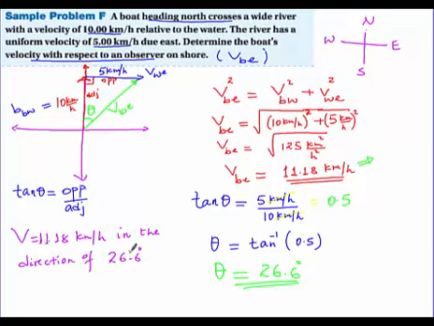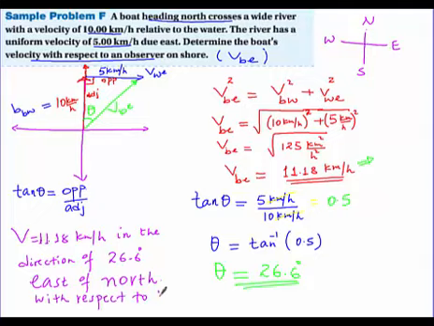This is very important, that is east of north. So the velocity of the boat is given by 11.18 kilometers per hour in the direction of 26.6 degrees east of north with respect to the earth. This is very important, with respect to the earth.